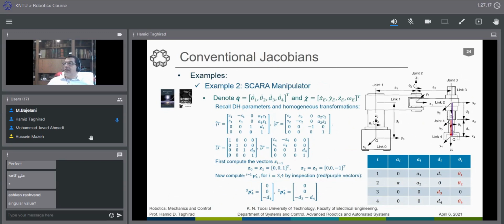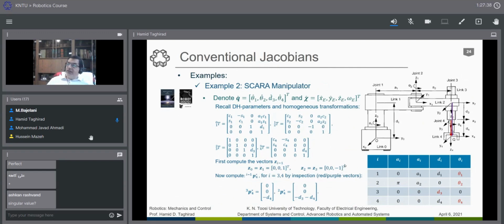As you see, when we have the z_i's all here, z0 and z1 are along z0 of the base frame, so it is 0, 0, 1. But z2 and z3, as you see, are in the other direction, 0, 0, minus 1.